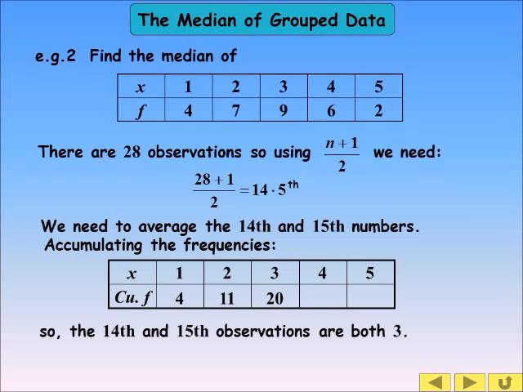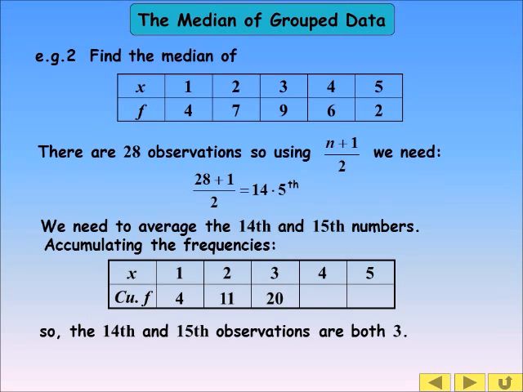Now, we need to arrange. We want to find the value between the 14th number and the 15th number. We must accumulate the frequency. So let you see this. When you find the accumulation of the frequency, the first x equals 1, accumulating is 4.